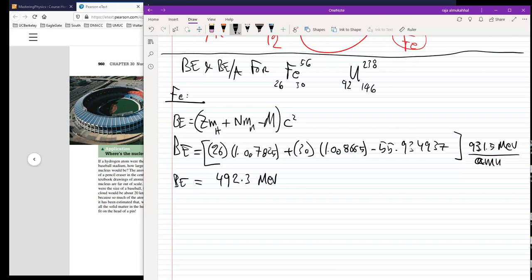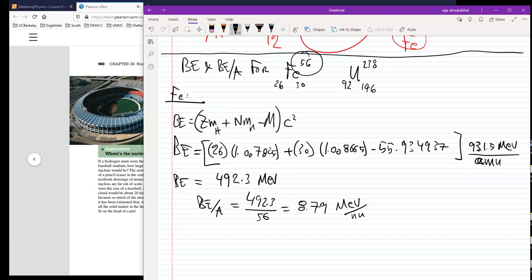It is the largest in the universe, by the way. And binding energy per nucleon, it's basically you just divide that by A. A is 56, right? So 492.3 over 56. And when you calculate that, you get the largest binding energy per nucleon for any nucleus.